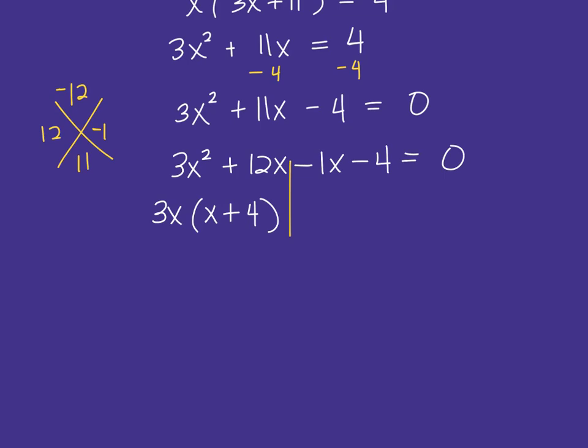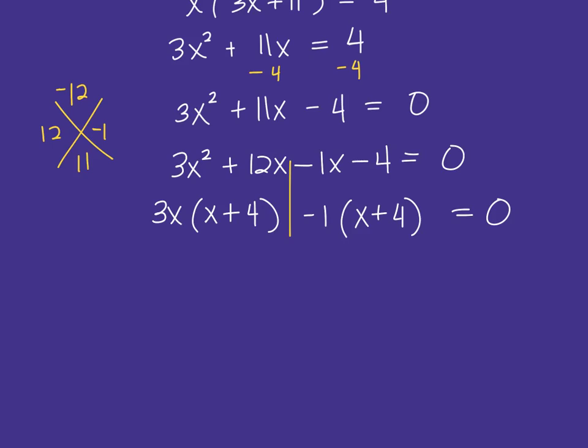Okay, McKenna? They're all negative. Yes, that's it. What they have in common is that they're both negative. So what can I take out from them? Negative 1. Okay, so negative 1. And when I take the negative away, then x is positive, and so is 4 because I took the negative away. Still equal to 0.